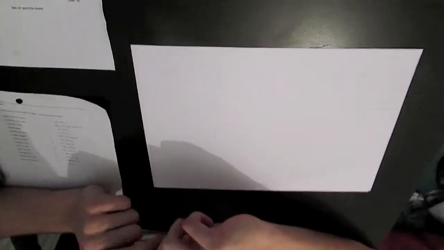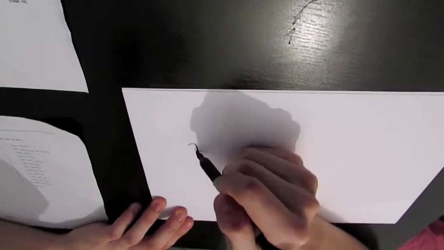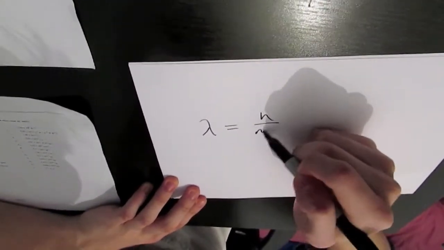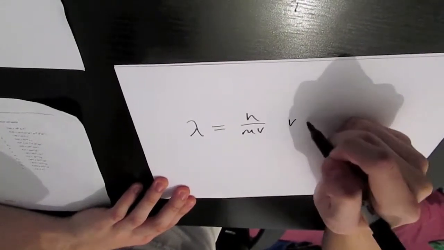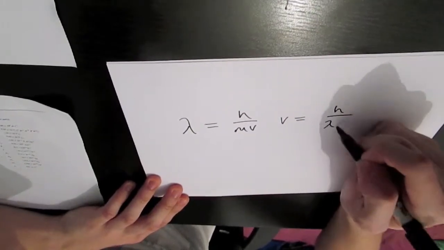The next question is show that the speed of an electron with a de Broglie wavelength of 1.2 × 10^-10 meters is 6.0 × 10^6 meters per second. For this, you use your equation lambda equals h over mv, and by rearranging for v, you get v equals h over lambda m.